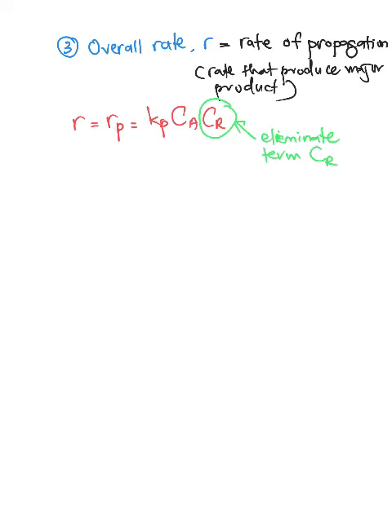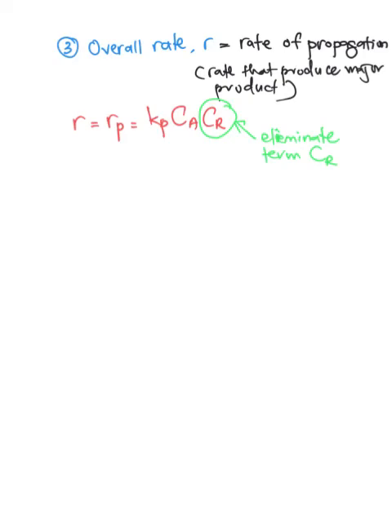So we want to eliminate the radical species term, the concentration of radical species term. So that's why we derive the equation for the radical species from the mass balance equation and apply PSS approximation.